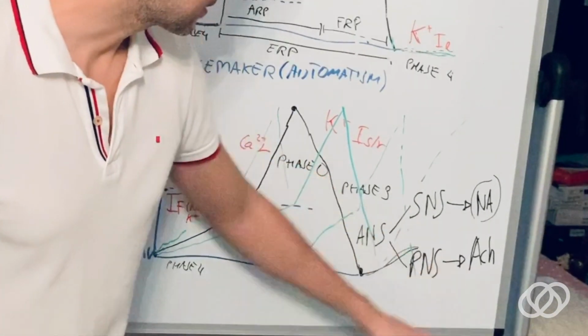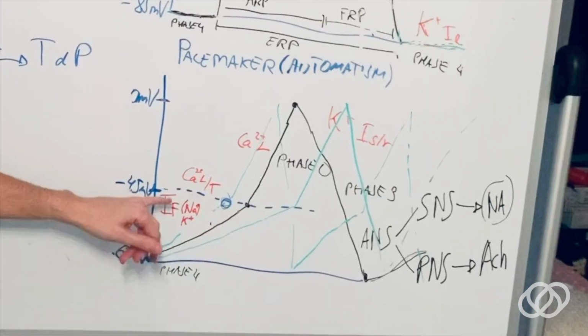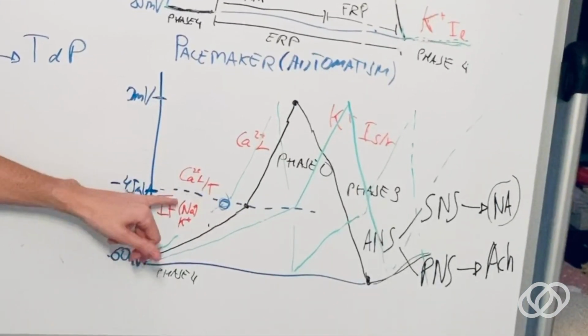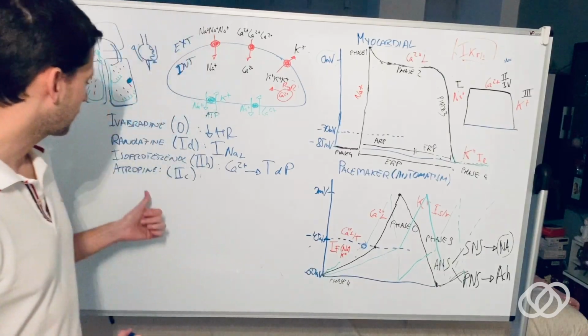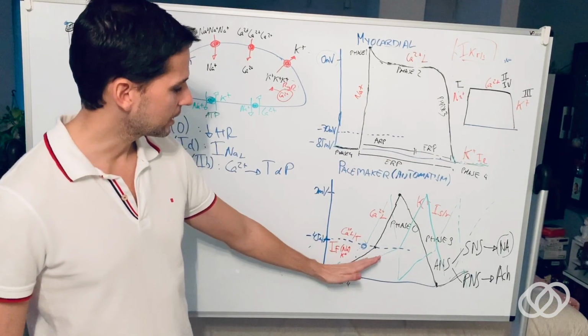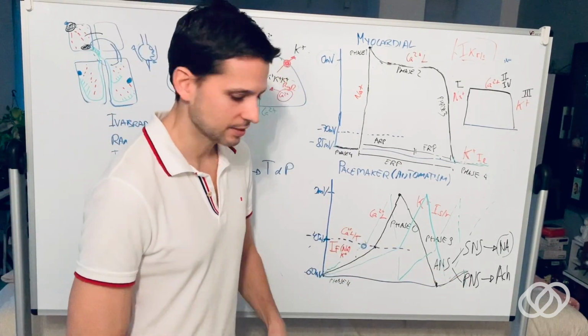We know that acetylcholine will decrease the slope by blocking the calcium and sodium channels and enhancing the potassium. So with atropine we will do the opposite, so we will increase the heart rate by this kind of vagolytic effect.